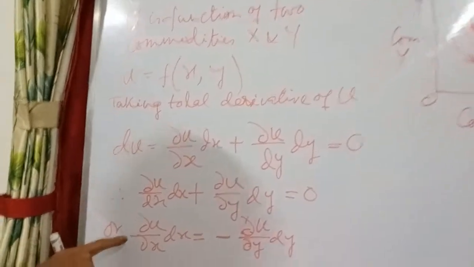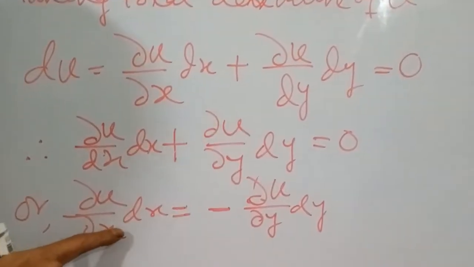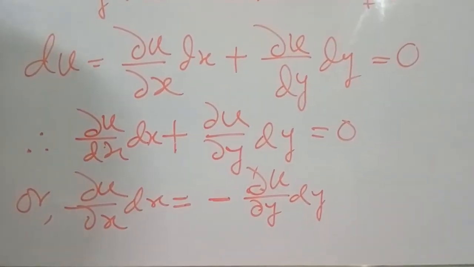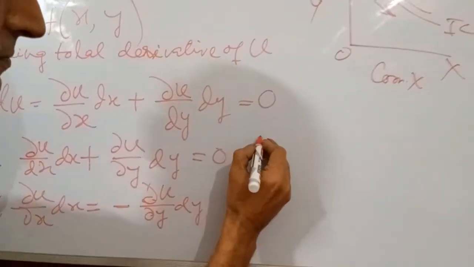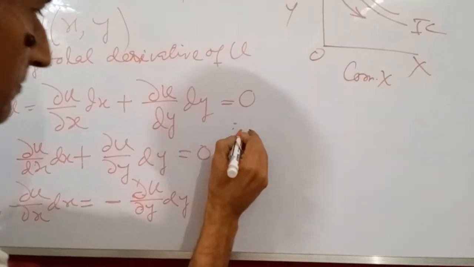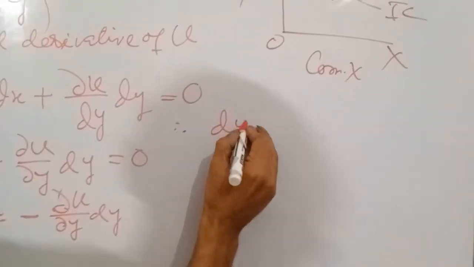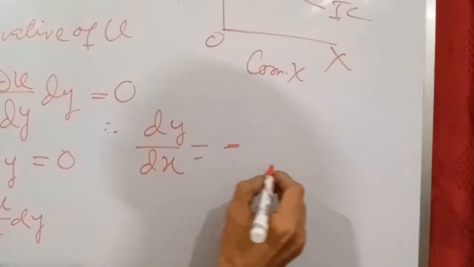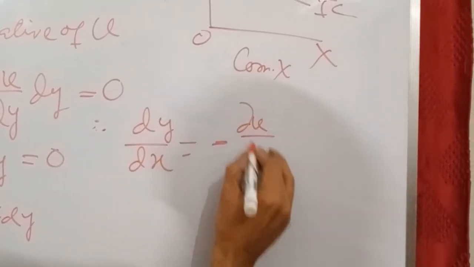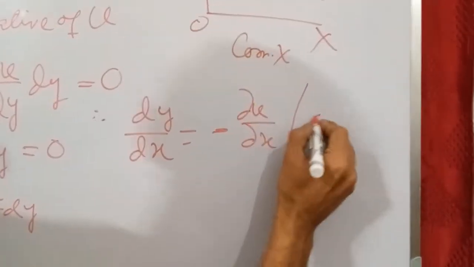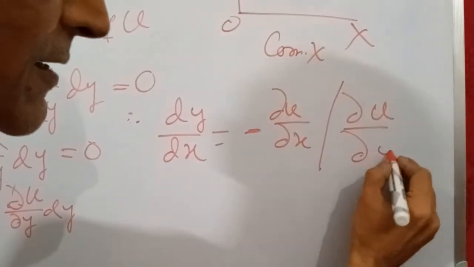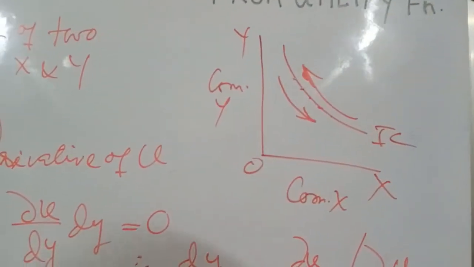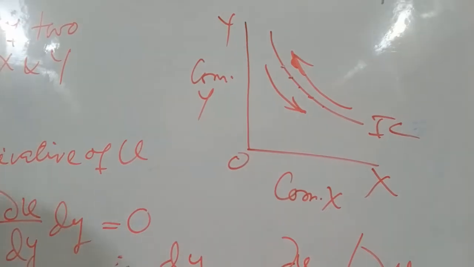Therefore, del U del x dx is equal to minus del U del y dy, or therefore dy by dx is equal to minus del U del x divided by del U del y. Right?